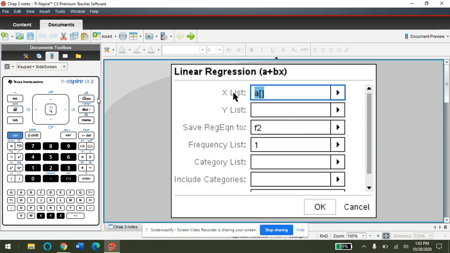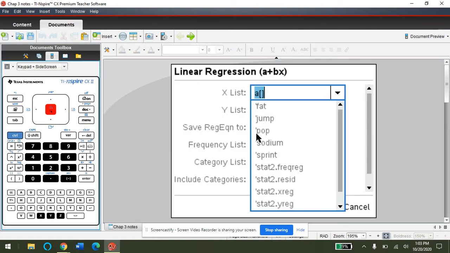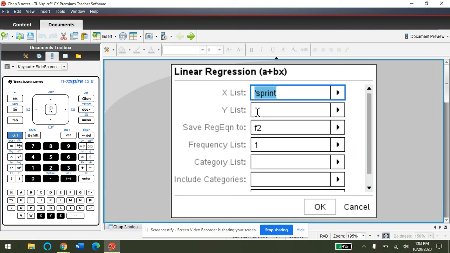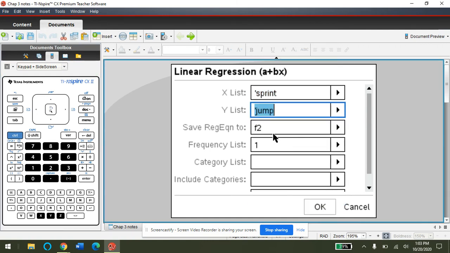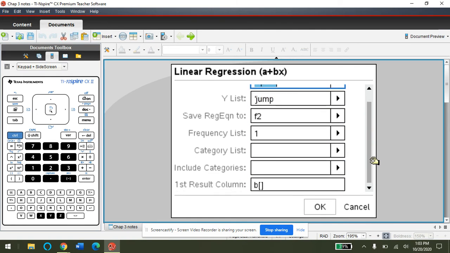So your x, click in the center button. Our x is sprint. Our y is long jump. We just want to make sure we're putting it in an empty column. So right now my columns A and B are full. So I'm going to change this to C, because C is empty. If you don't change it, it's going to overwrite what's in B and take it all out.